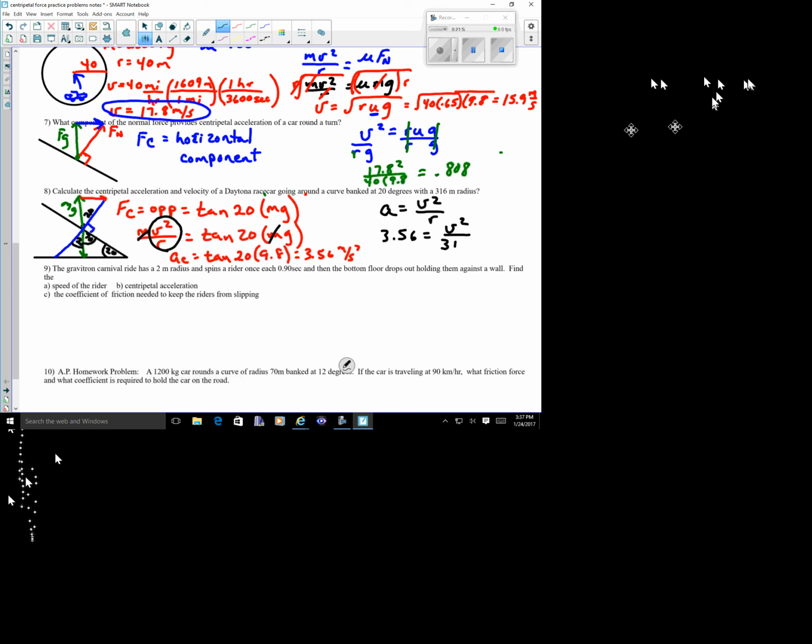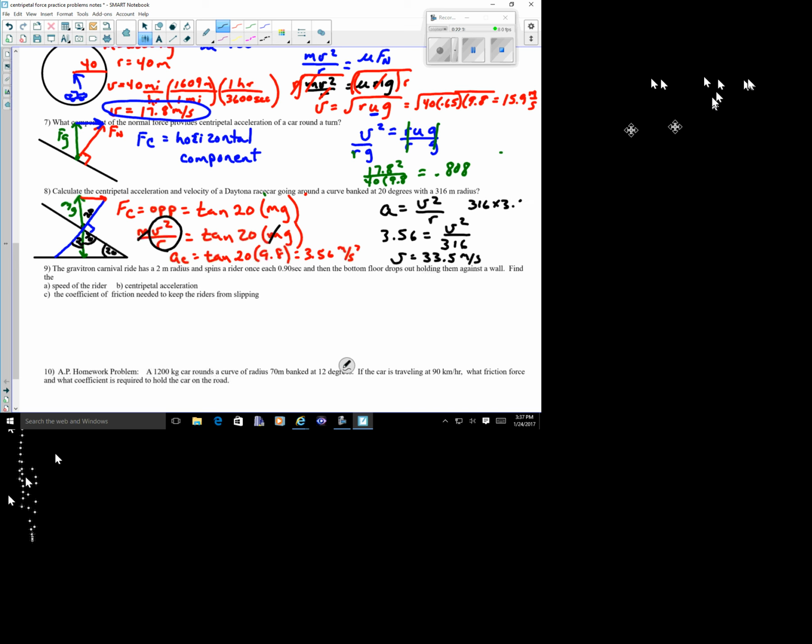When you multiply both sides by 316 and take the square root, you end up getting a velocity of 33.5 meters per second. And once again, if you want to know how I did that, I took 316 times 3.56.